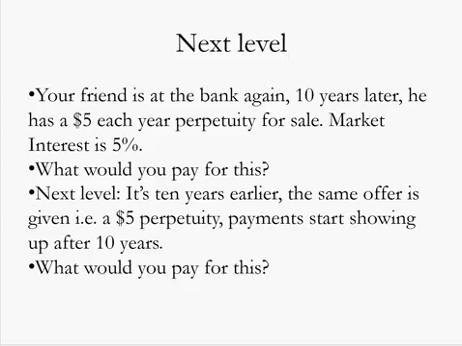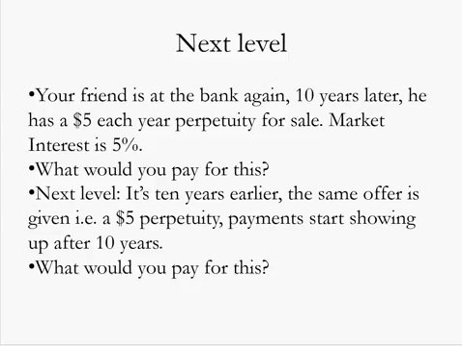So $5 every year. Market interest is 5%. At this point, we can apply the perpetuity formula. We get 5 divided by 0.05, and the value is 100. So 5 forever is worth 100 at 5% interest.